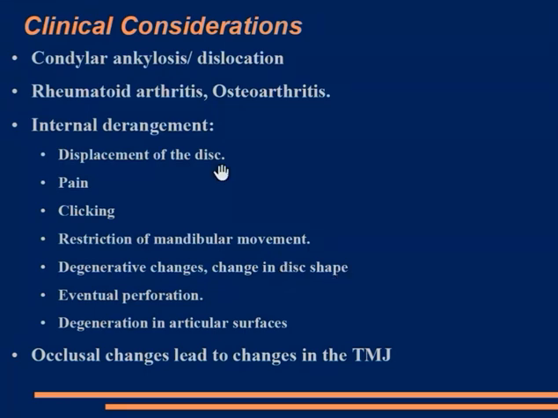But the mandible generally develops at a greater or lesser rate than the maxilla. So in children we might have malocclusion, imbalance or facial disharmony, and it definitely leads to changes in the TMJ.